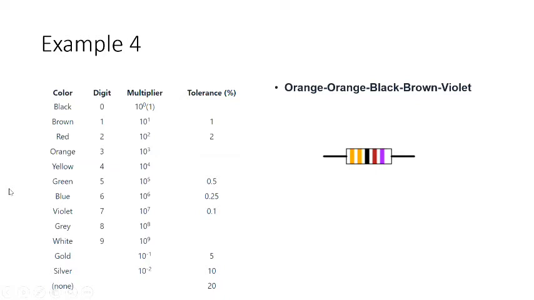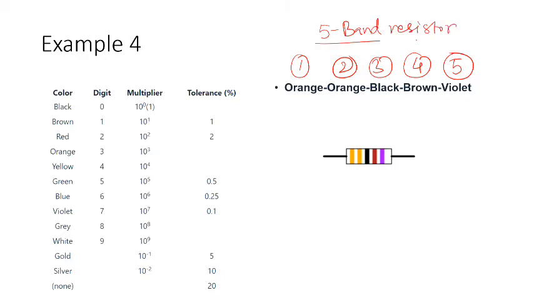So example number 4 here is a bit different from the previous 3 examples. Now, how is it different? You can clearly see it has 1, 2, 3, 4, and 5 bands, which means this is a 5-band resistor.